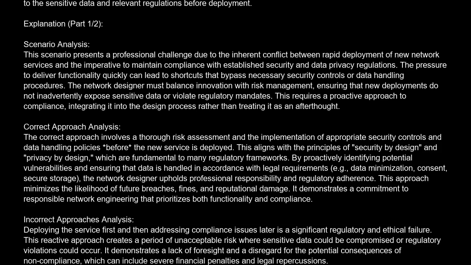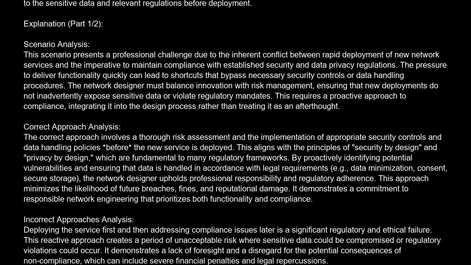By proactively identifying potential vulnerabilities and ensuring that data is handled in accordance with legal requirements, e.g., data minimization, consent, secure storage, the network designer upholds professional responsibility and regulatory adherence. This approach minimizes the likelihood of future breaches, fines, and reputational damage. It demonstrates a commitment to responsible network engineering that prioritizes both functionality and compliance.